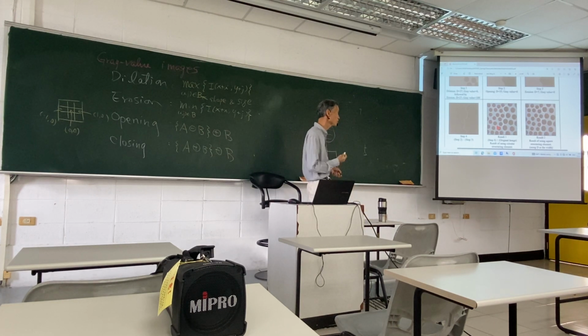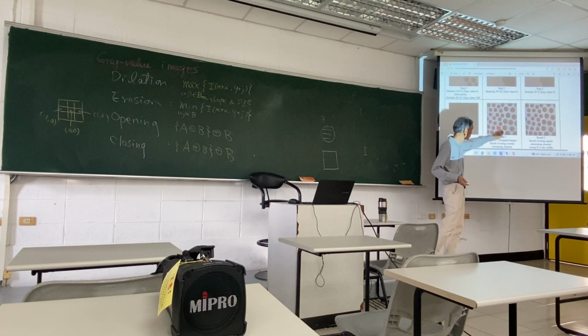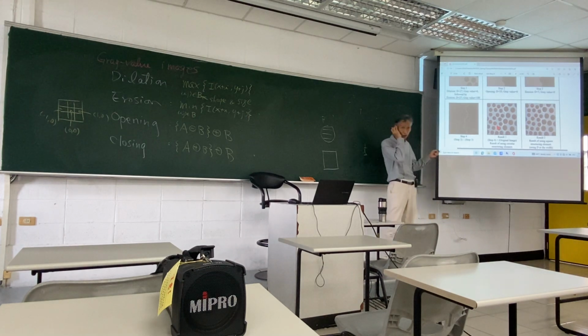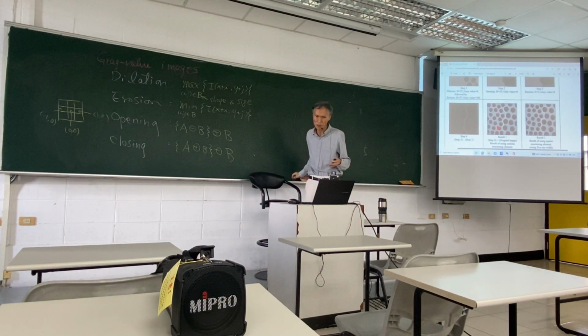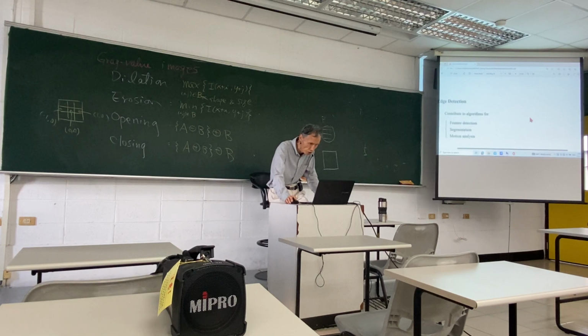If we use a square, you will see some zigzag in the boundary line. But if you use a circular structuring element, the separation curve will be smoother. So this depends on how you apply the morphology operation. That's one of the applications.